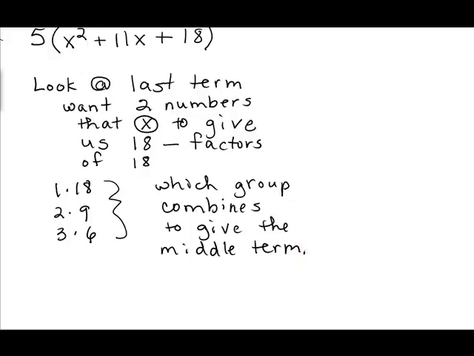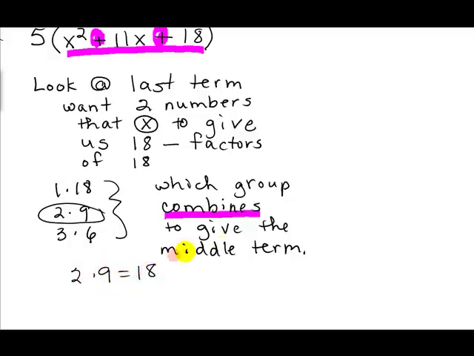When we look here at our trinomial, everything is positive, so we will be adding when we are combining. 1 plus 18 would give us 19, 2 plus 9, 11, 3 plus 6, 9. And so we call 2 and 9 our winners. 2 times 9 equals 18, and 2 plus 9 equals 11.